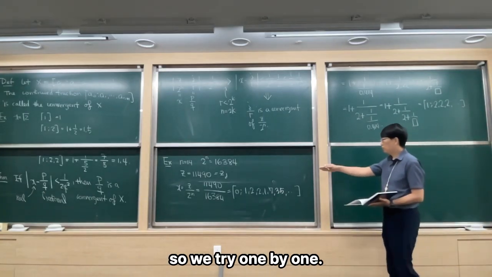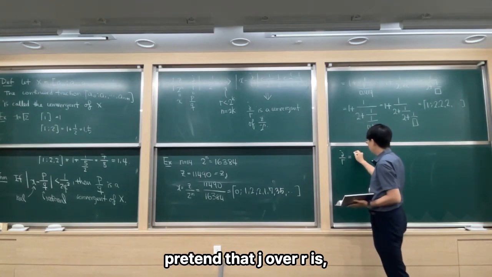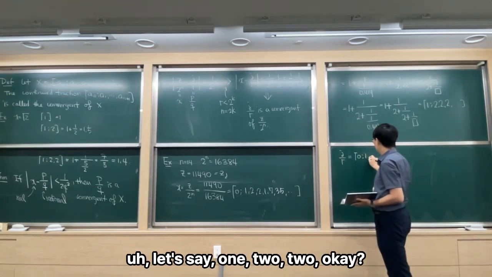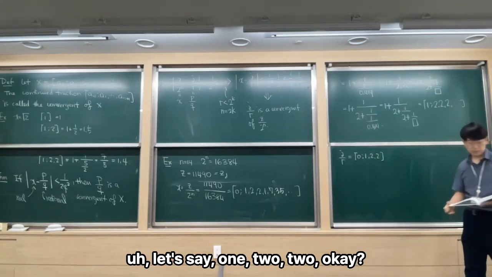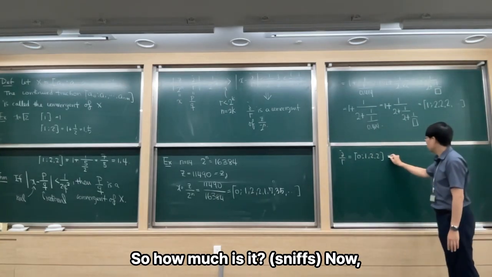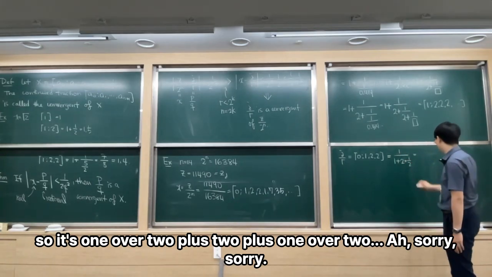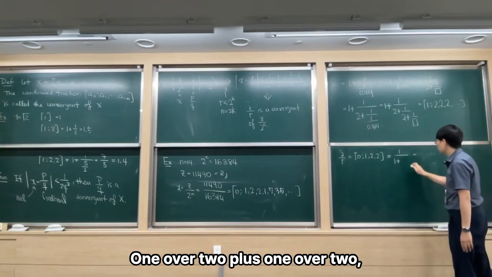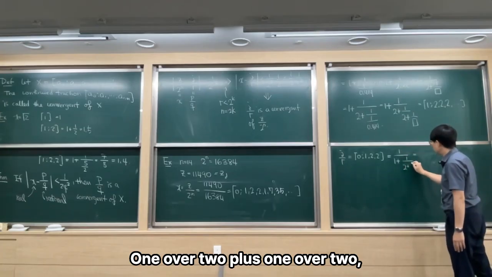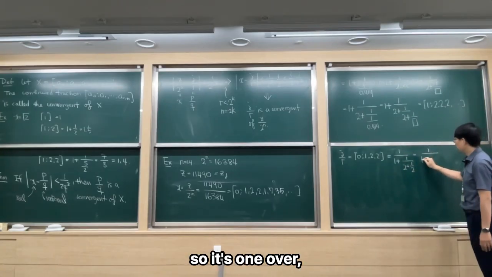So we try one by one. Let's pretend that j over r is, let's say, 1, 2, 2. How much is it? It's 1 over 2 plus 1 over 2.